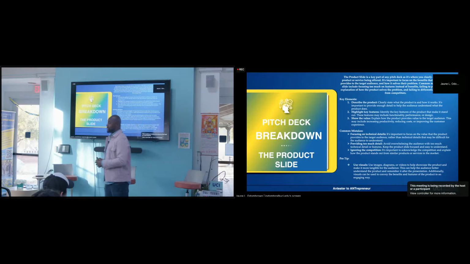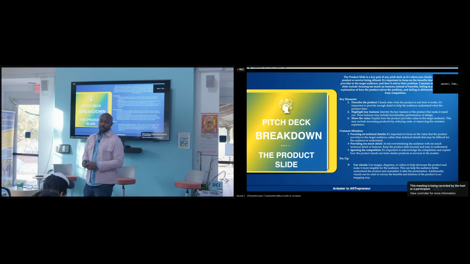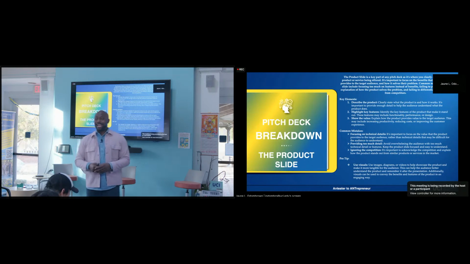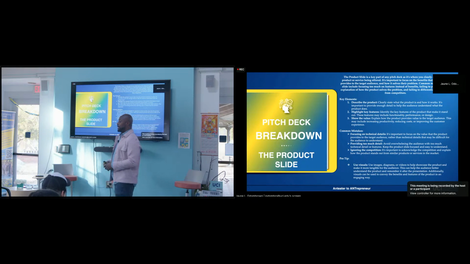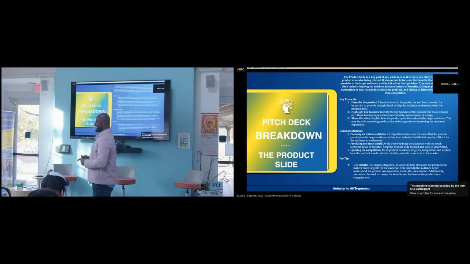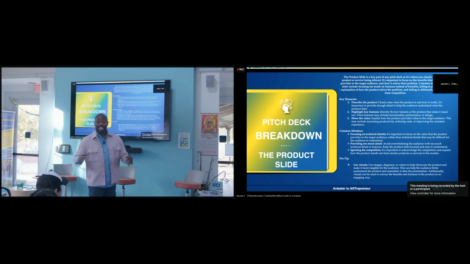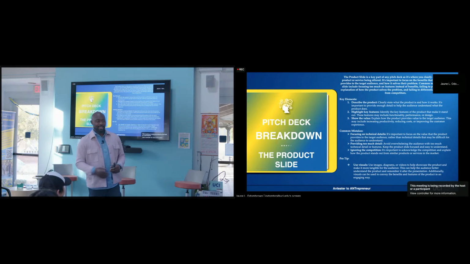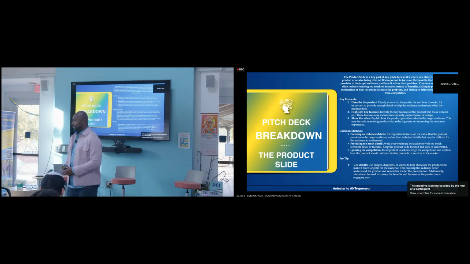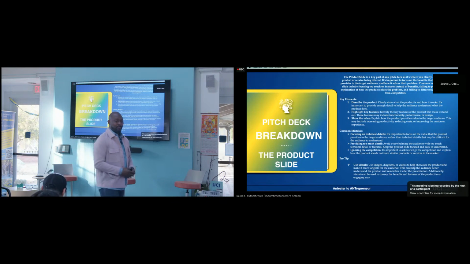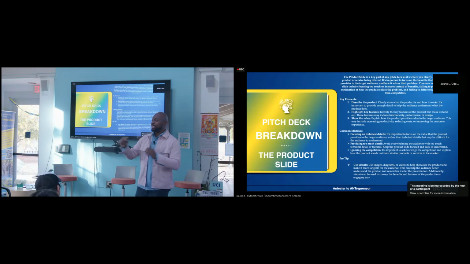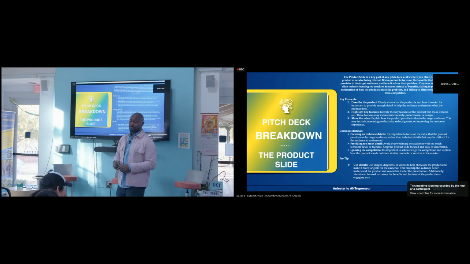When Apple speaks to us, or Microsoft with their technology, or Nike with their shoes, or whatever it may be, don't we hear key words that stick out, right? Nike, the lightest shoe possible. Apple, the lightest computer you ever had. That's the Apple Air, right? The smartest computer, whatever you want to say. They're always using certain key words that can emphasize the product in a short perspective, right?